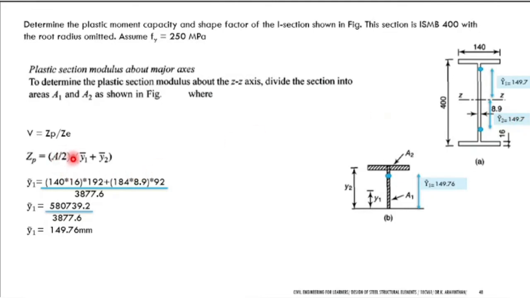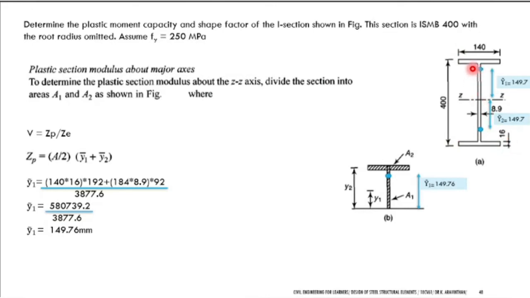Okay. If you know y1 bar and y2 bar, so what is A? Which is the area, you have to find A by 2. So the total area, you have to find the total area and divide it by 2. You have two flanges. What is the size of the flange? 140 into 16 into 2. You can multiply by 2. Why? You have two flanges like this. So you can do it 140 into 16 into 2.